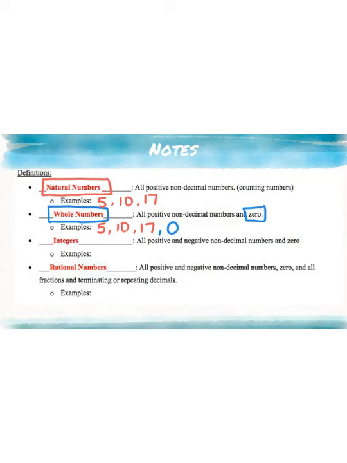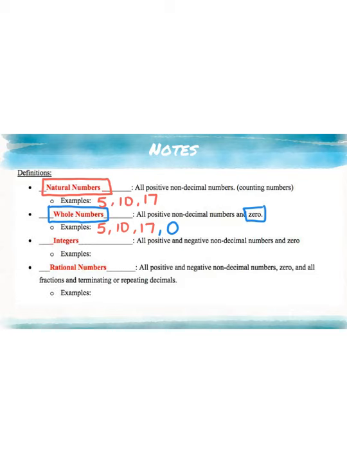I have written some examples of both natural numbers and whole numbers. Notice how when we add whole numbers, it's all of the same natural numbers. The only thing is we're adding the number 0.